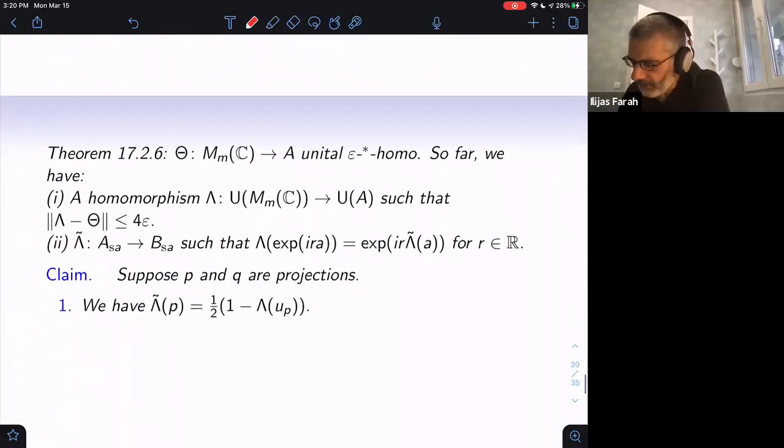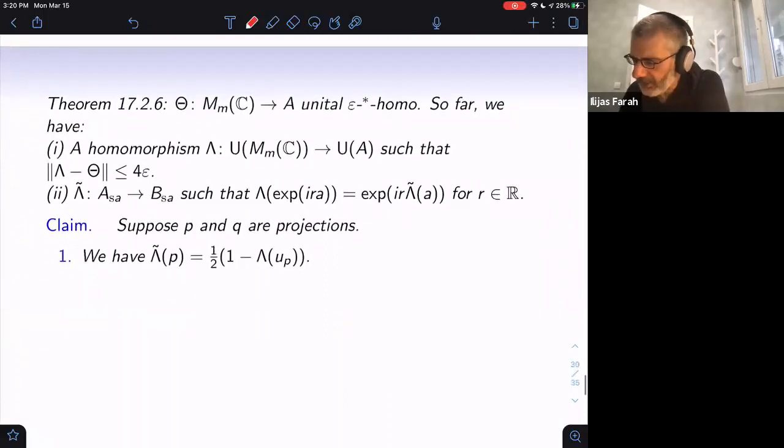All right. Okay. So here is just a reminder of what we are doing. We have this theta, which is an epsilon star homomorphism, and we have a group homomorphism, which is within 4 epsilon of our theta, and we have this lambda tilde, which sends self-adjoints to self-adjoints, and here is the property of lambda tilde.